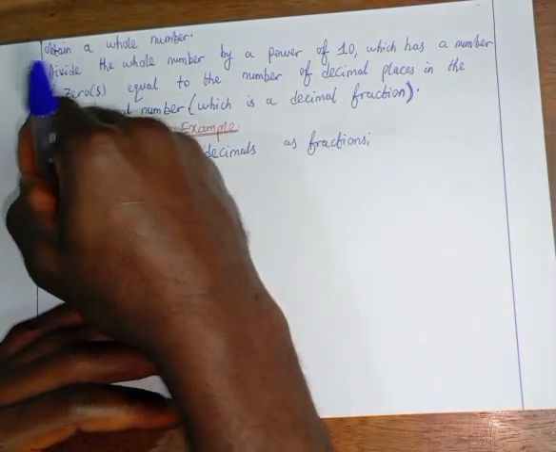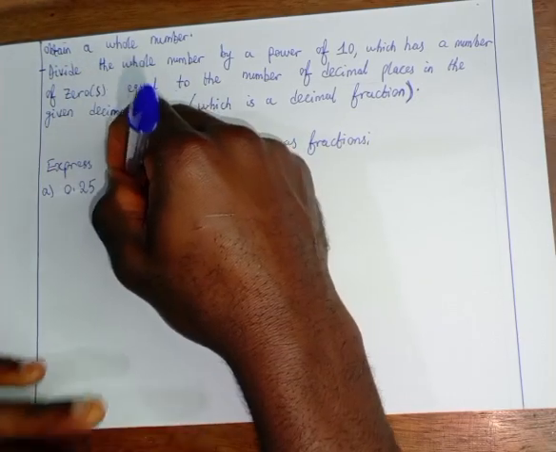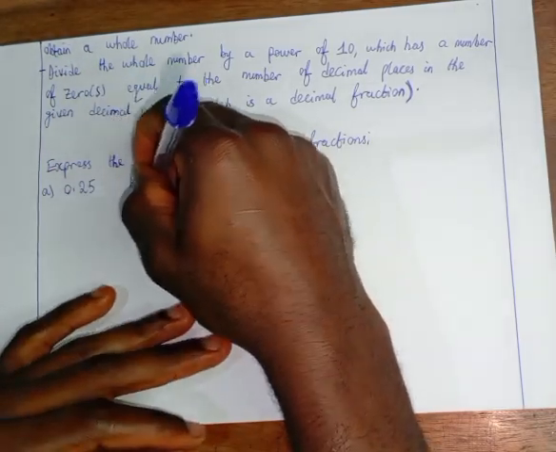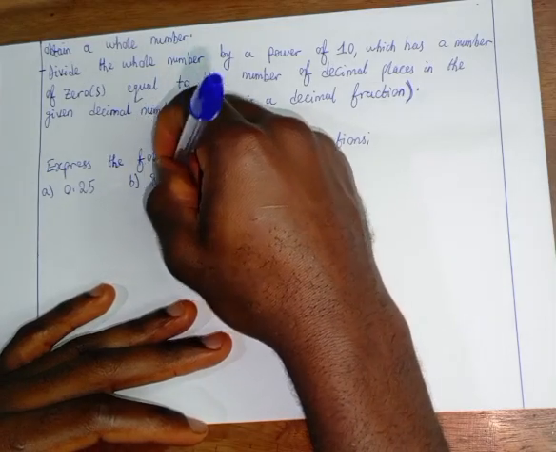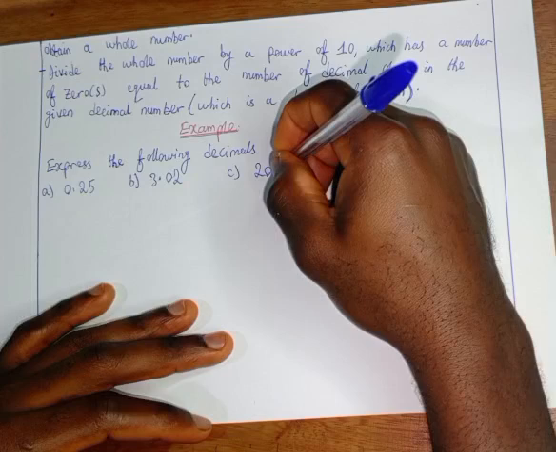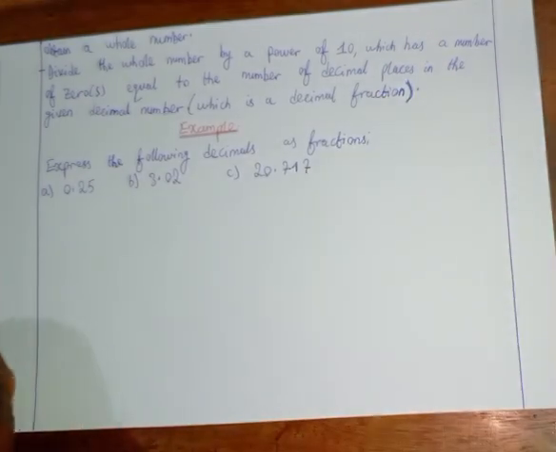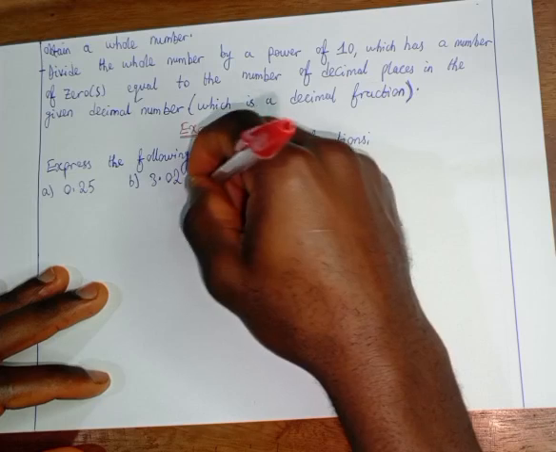For A we have 0.25. For B we have 3.02. For C we have 20.717. Take the solution.